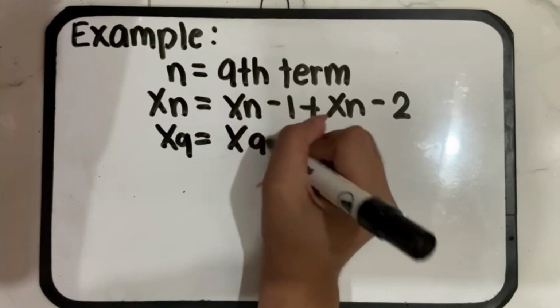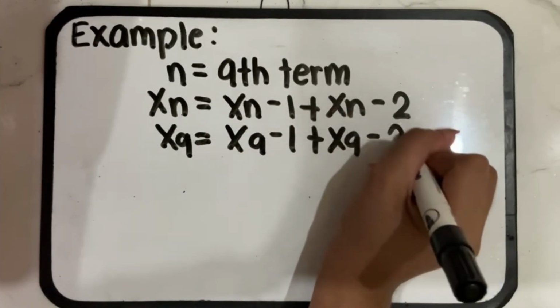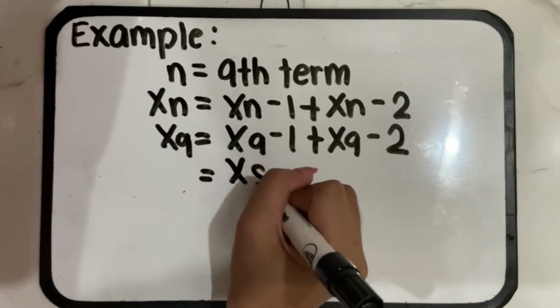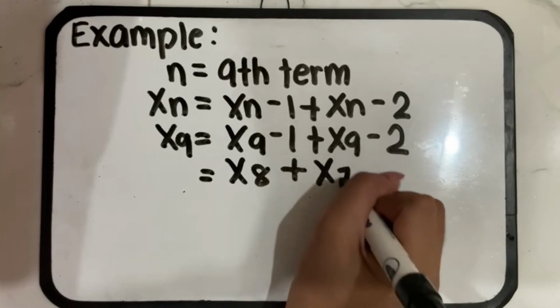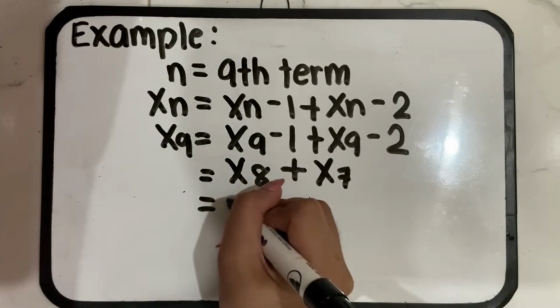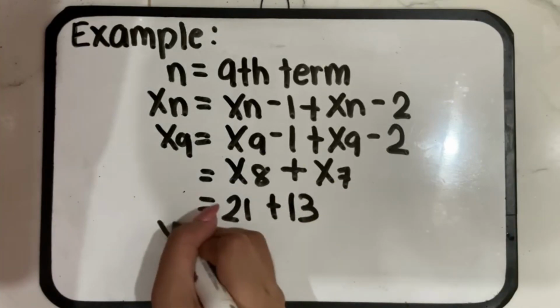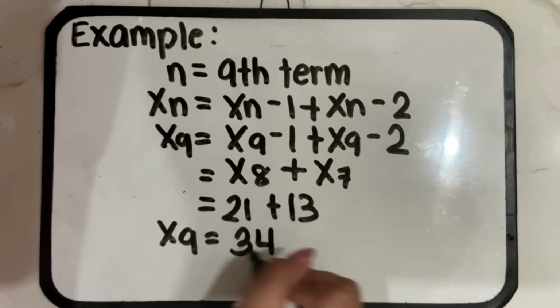Then, we subtract 9 minus 1 first and 9 minus 2. After that, based on the given terms, we should find what number is in the place of x sub 8 and x sub 7, which is 21 and 13. And our ninth term is 34.